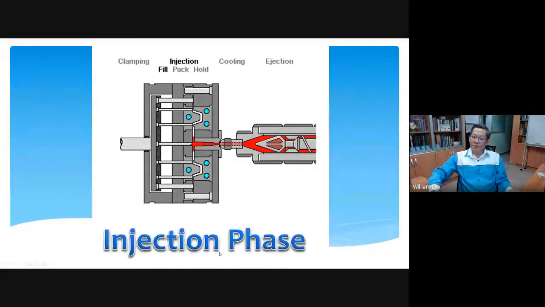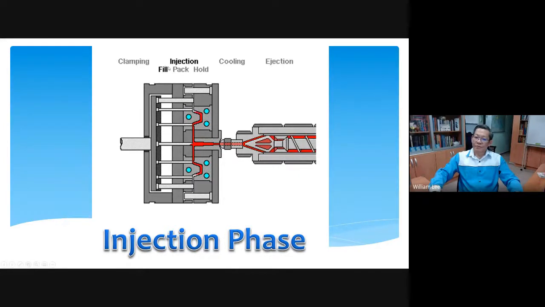So next is the injection phase. Under the injection phase, you have three functions. Of course, you may not have the notes with you, but I want you to write down some of the keywords, because later on I'm going to throw you a quiz to test whether you pay attention or not. So under the injection, you have three functions.